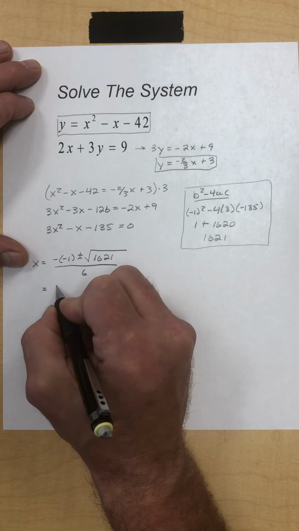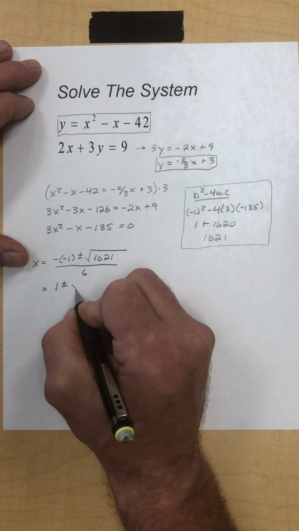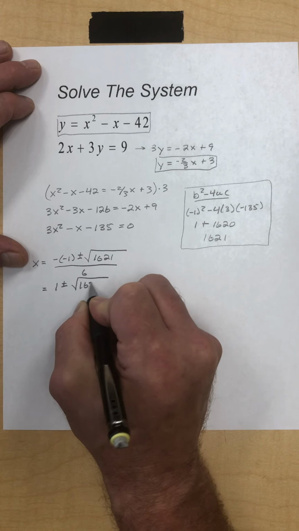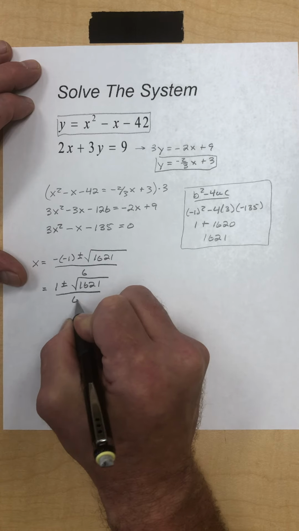So I get 1 plus or minus the square root of 1621 all over 6.